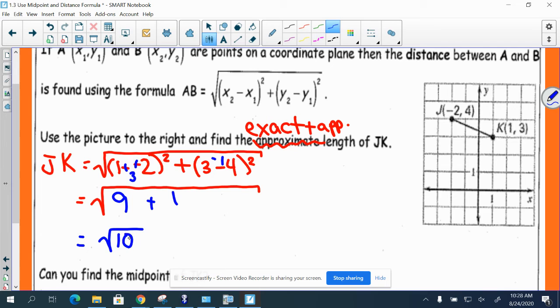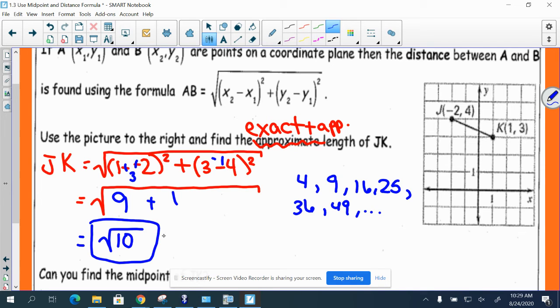Now, to check if this is simplified, you need to ask yourself, are there any factors of 10 that are perfect squares? Well, perfect squares are 4, 9, 16, 25, 36, 49, etc. So the only factors of 10 are 2 and 5. Neither 2 nor 5 is a perfect square, so this is actually in simplified form.